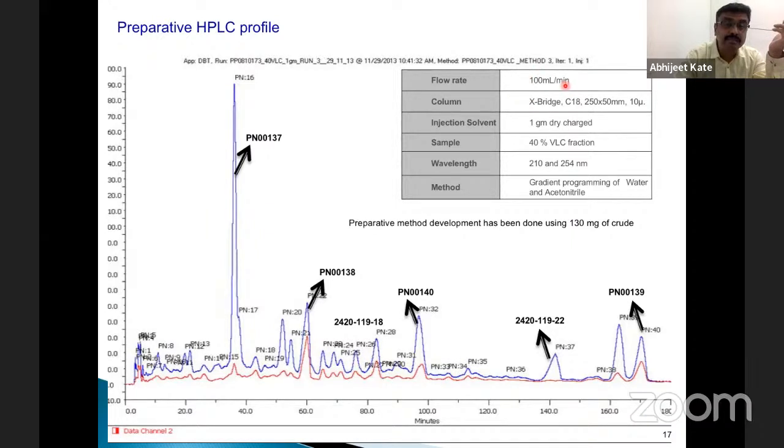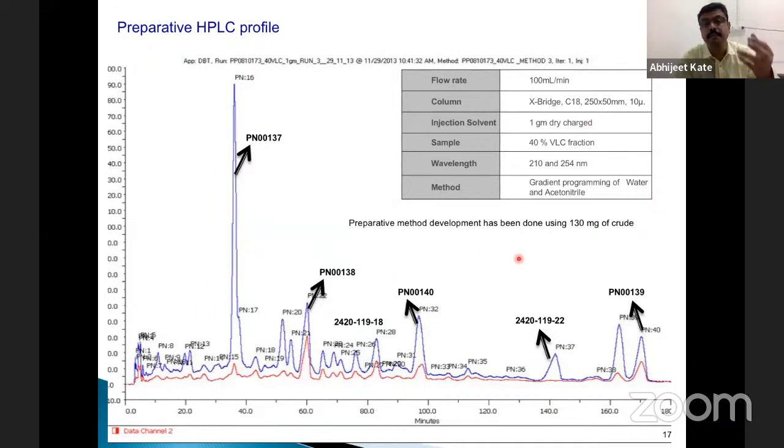The column generally is 50 mm, while our analytical column is mostly 4.6 mm. So a 4.6 mm column is like this, a small column with this width, while the preparative column is dumbbell-like in shape. You have a very good amount of width there, so that you can load a good amount of compound in that column, and you can collect a good amount.